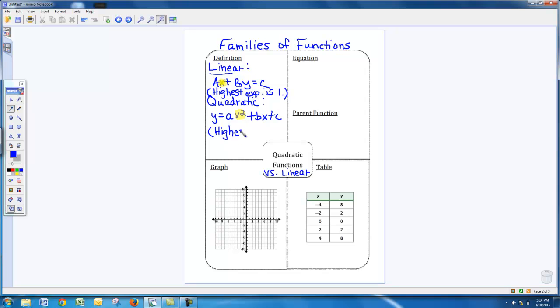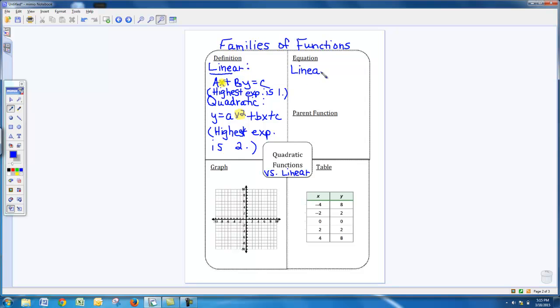So the highest exponent is 2. So the way we tell the difference between a linear and a quadratic function based on the equation is by the exponent.